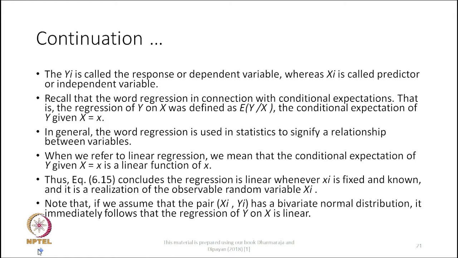If you assume that the pair xi and yi has a bivariate normal distribution, then it immediately follows that the regression of y on x is linear. So, this last note is very important.